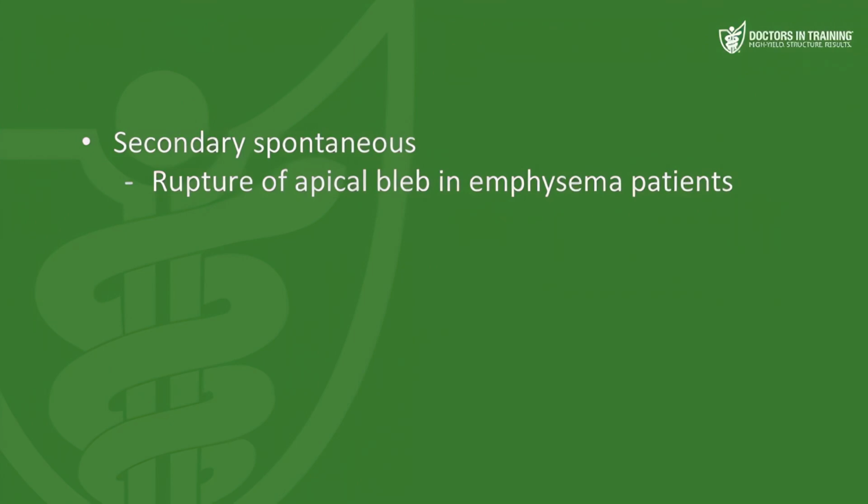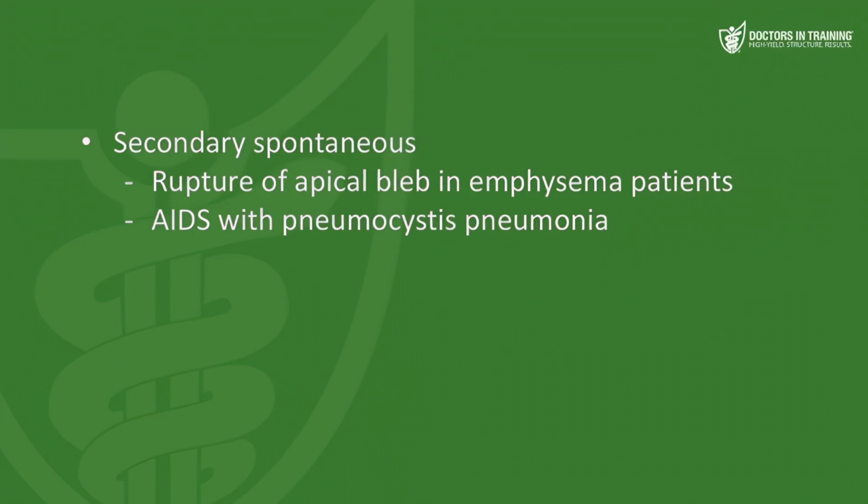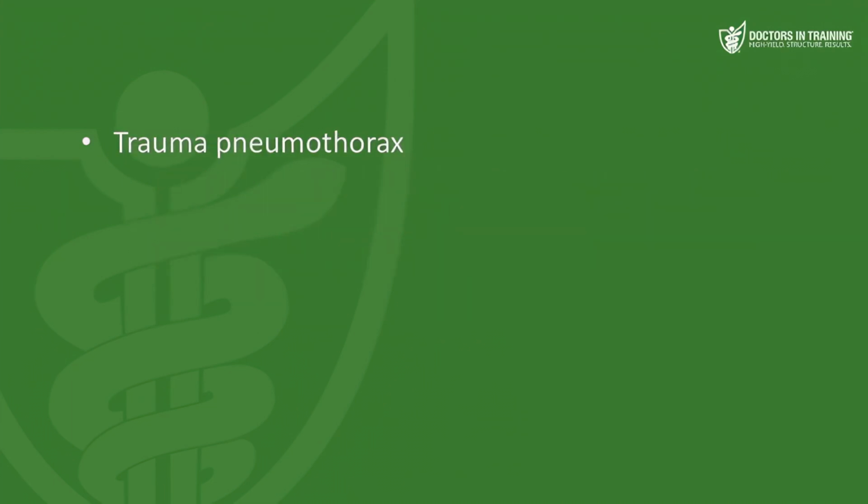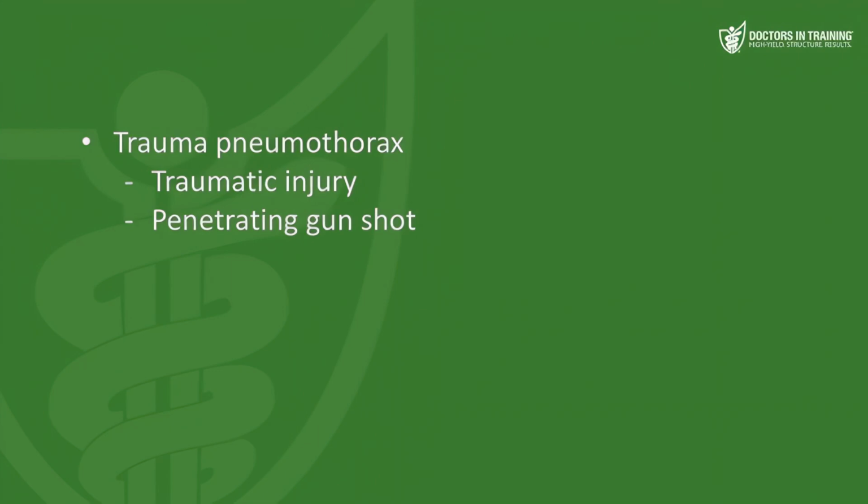You can also see secondary spontaneous pneumothoraces in patients with AIDS and pneumocystis pneumonia or acute respiratory distress syndrome, where they have barotrauma from being on the ventilator. Traumatic pneumothoraces typically occur from a blunt trauma such as a rib fracture like Tony Romo, or a gunshot wound where the bullet enters the thoracic cavity creating a pneumothorax.